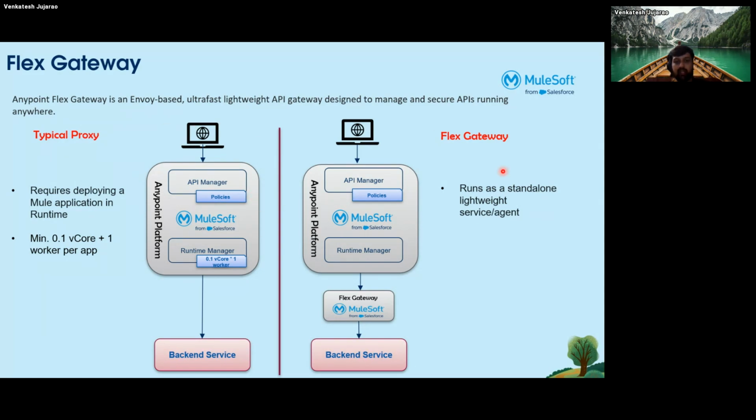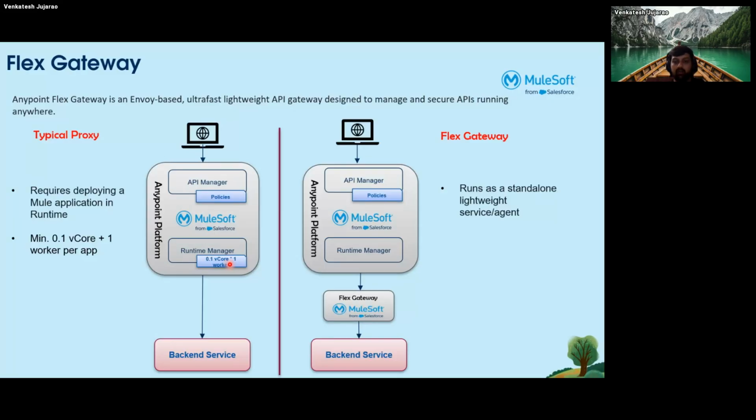Someone may say it is to protect non-MuleSoft applications, but with a typical proxy we can protect those too. The downside of the typical proxy is that for each backend service to protect, I need one worker running with minimum configuration on Runtime Manager. If I have 10 or n backend services, that many workers I have to spin up on Runtime Manager.